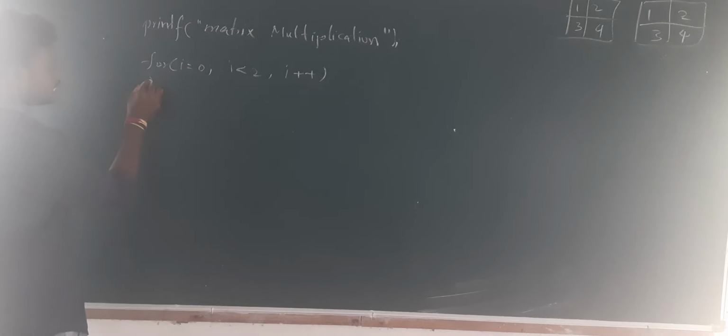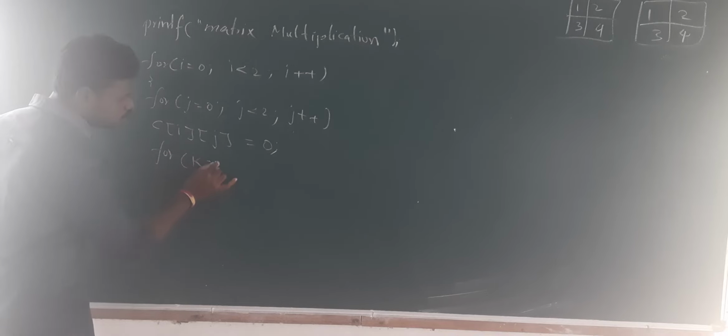For I equals to 0, I less than 2 and I plus plus. Okay. Within this I am having one more for loop. For j equals to 0, j less than 2 and j plus plus. Before going for the further loop, I make C of ij is equals to 0.